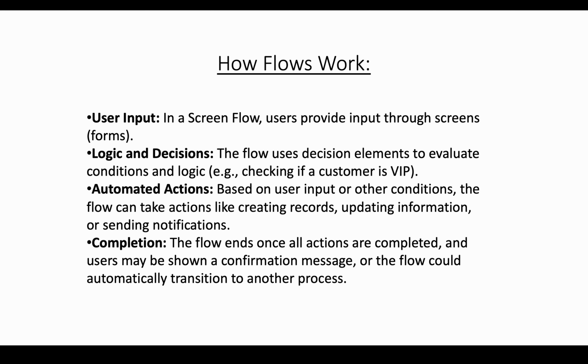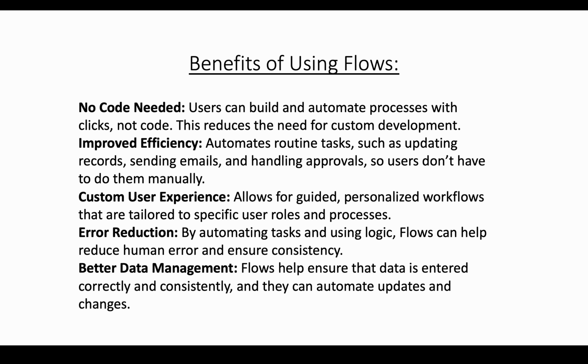Logic and decision: the flow uses a decision element to evaluate conditions and logic, and automates action based on user input or other conditions. The flow can take action like creating records, updating information, or sending notifications. Completion: the flow ends once all actions are completed and the user may be shown a confirmation message, or the flow could automatically transition to another process.